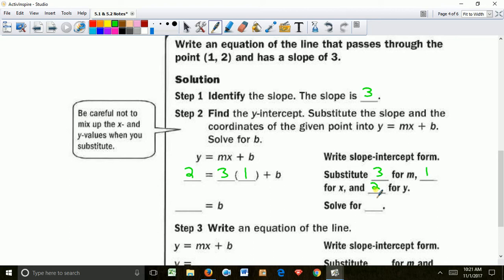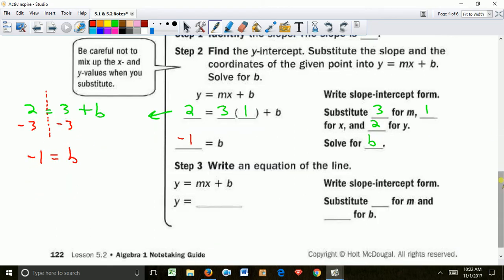Now we have to solve for b. Doing the scratch work off to the side here, 3 times 1 is 3. So now you get 2 is equal to 3 plus b. To solve for b, you can subtract 3 from both sides of your equation, and now you get negative 1 is equal to b. Don't forget to do step number 3.